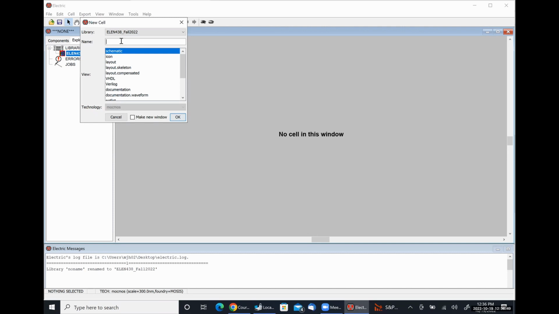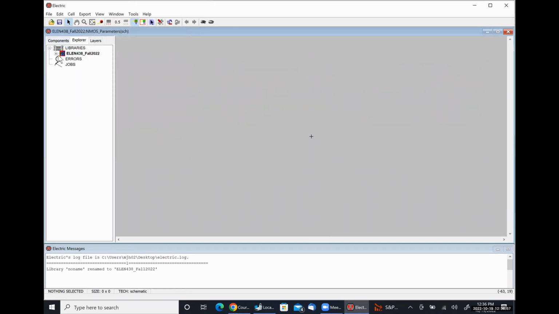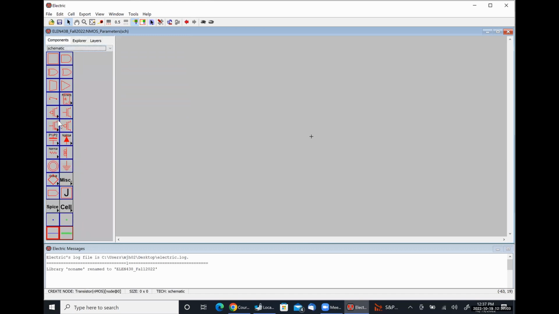So I'm going to call this first one NMOS_parameters. Double click on this, and I'm going to go to components. And now I'm going to put an NMOS transistor here in my field.